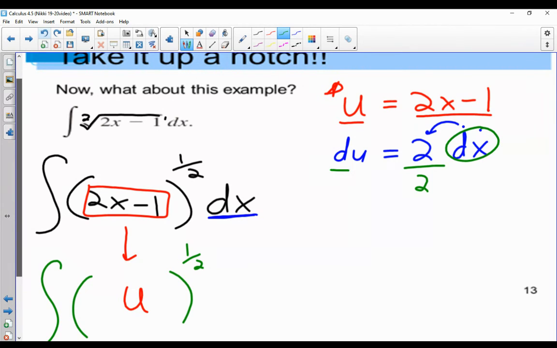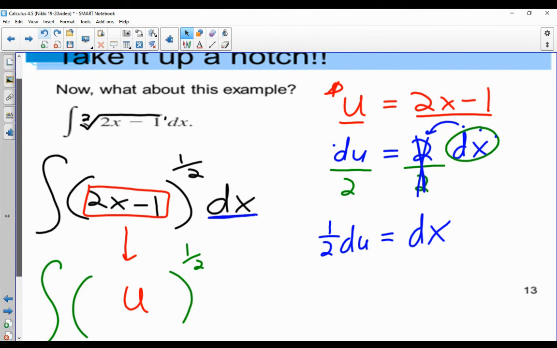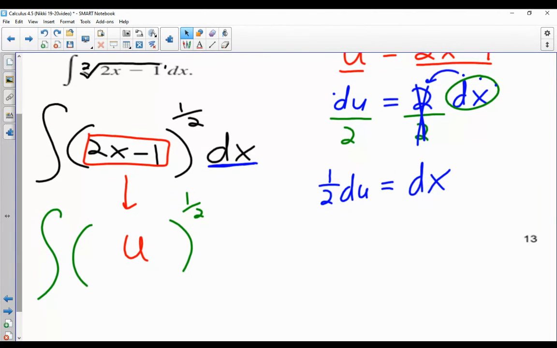Maybe if I divide it to both sides, then on this side I would have 1/2 du, and over on this side the 2 would cancel, and all I'd have left would be the dx.